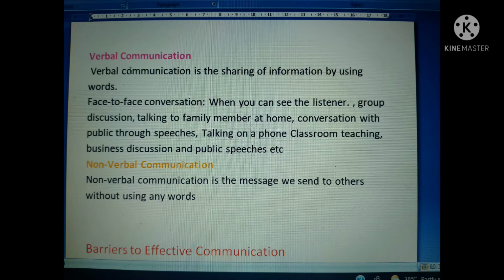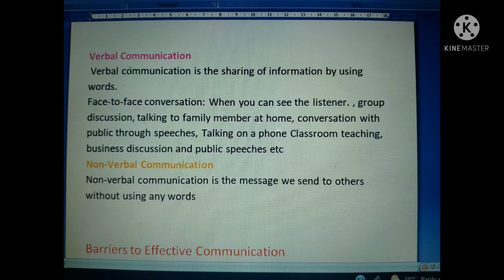For example, face-to-face conversation, when you can see the listener, group discussion, talking to family members at home, conversation with the public through speeches, talking on the phone, classroom teaching, business discussion and public speech and so on.